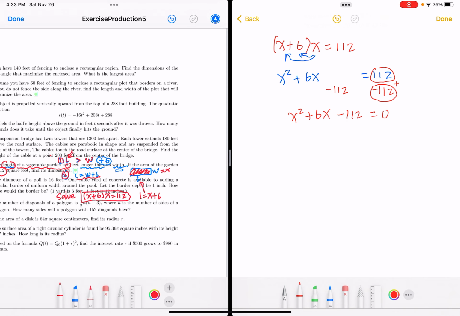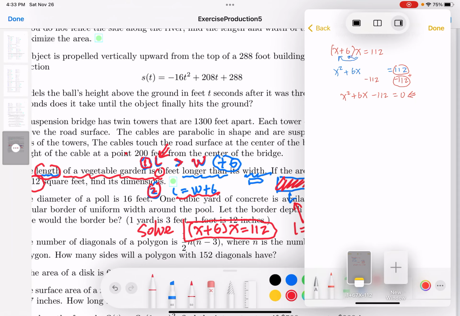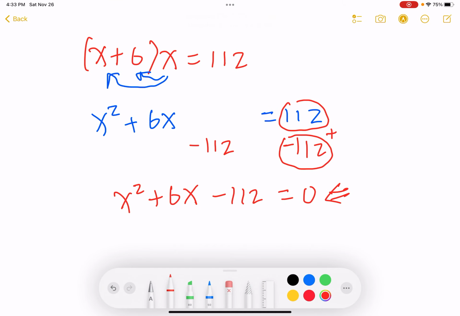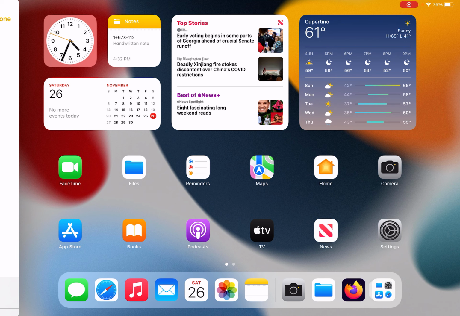All right. Now, here we have to use factoring to solve this one. And before we do that, I like to get Desmos out.